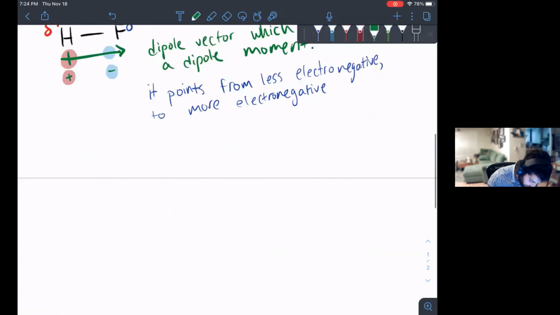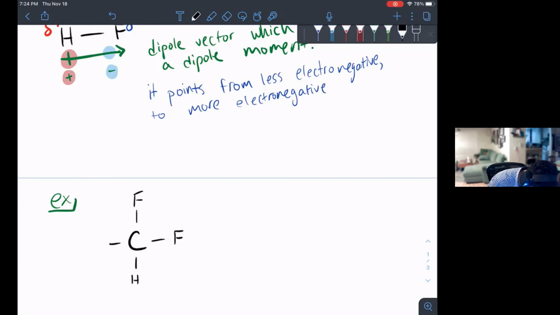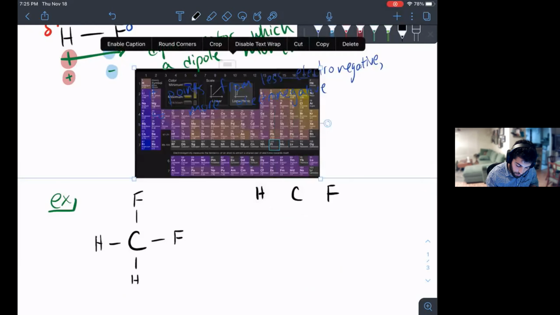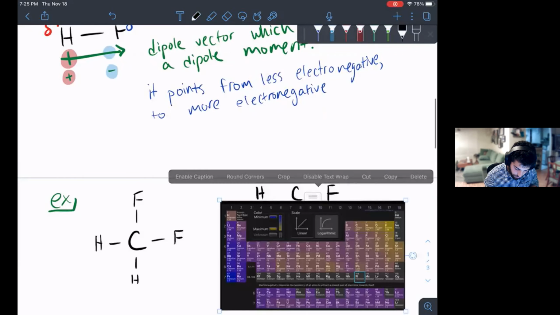So we're going to try it out on something. Let's do an example. Let's look at the molecule CFFHH. In order of electronegativity, H is going to be the lowest, then C, then F. And if you need confirmation, we can always look at our chart.